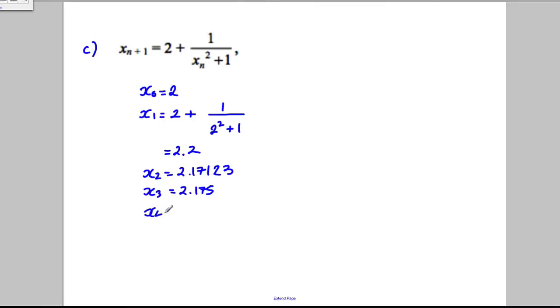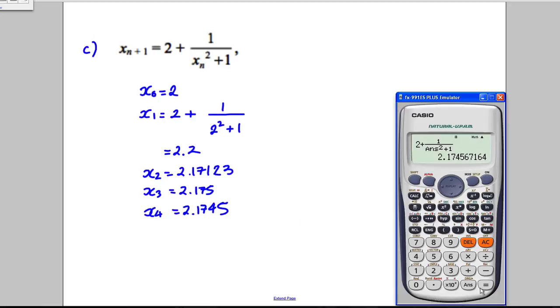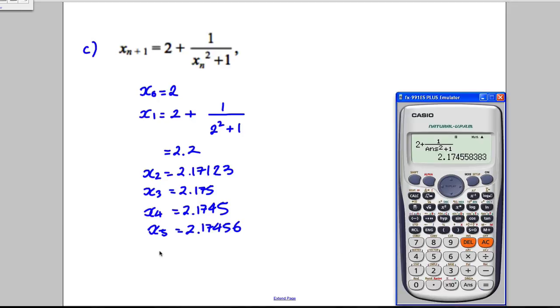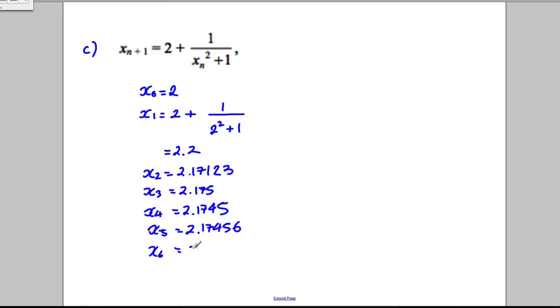So x4 is 2.1745, and do it again just to check. x is 2.1745. So x5 is going to be 2.17456, and one more time, just keep pressing it. 2.1745. x6 is 2.17455 again.